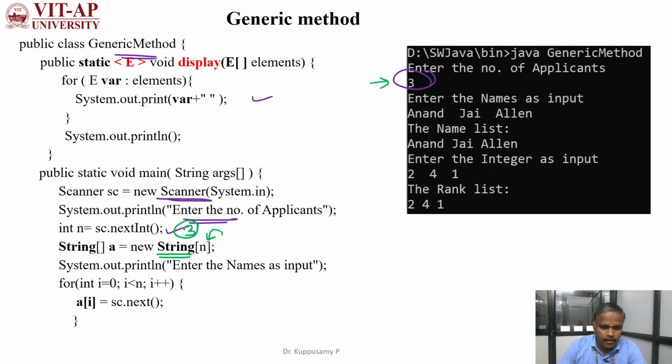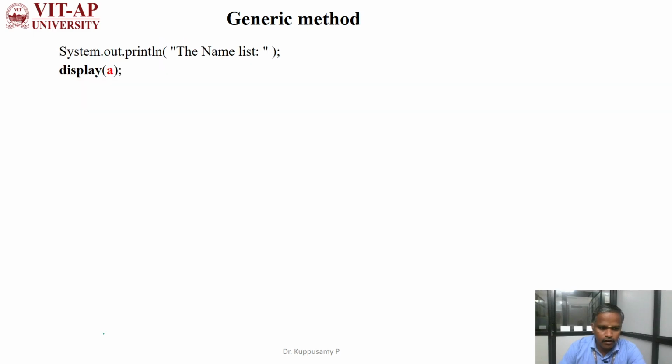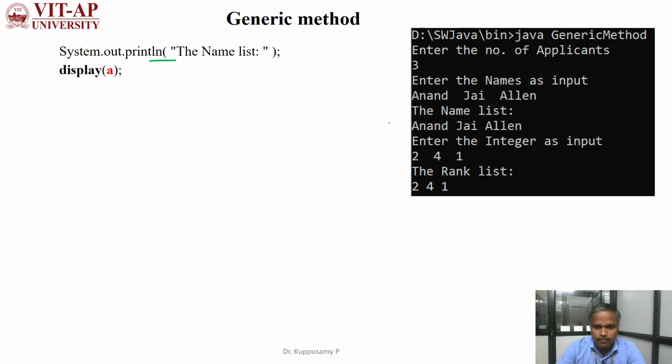So 3 is the n value. Now I am entering the names as input, 3 names: Anand, Jay, Alan. So I am receiving 3 inputs using the for loop. Now I am just displaying the name list statement. Then I am calling the display method by passing a.